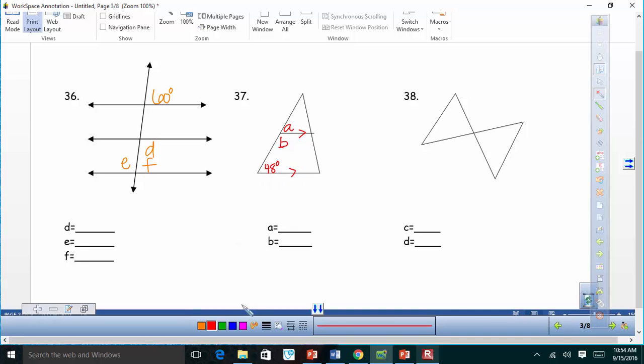Okay, as I'm drawing, what do these arrows mean on each of them? That they're parallel. Very good. If you don't know that, you need to know that because knowing those are parallel is going to help you be able to solve these.